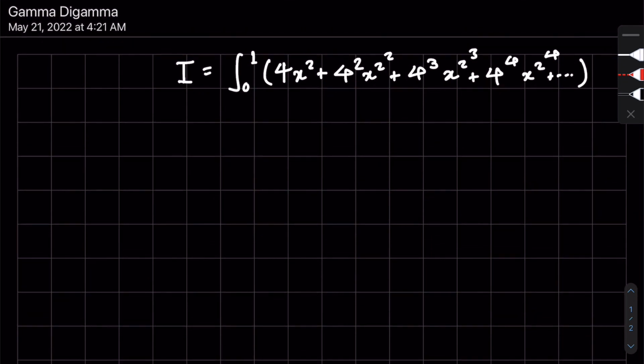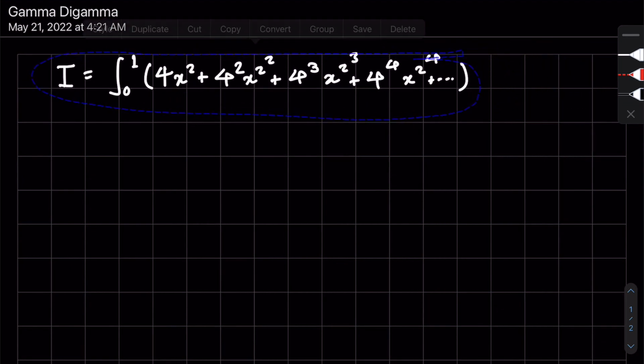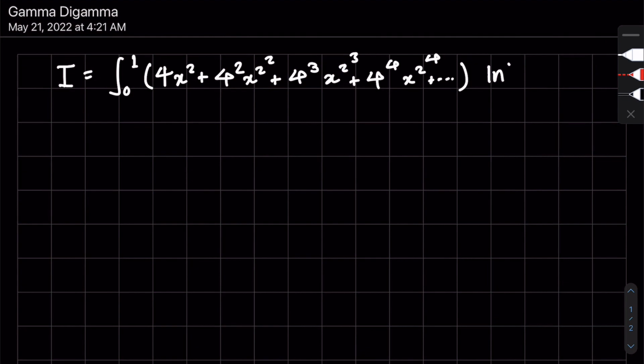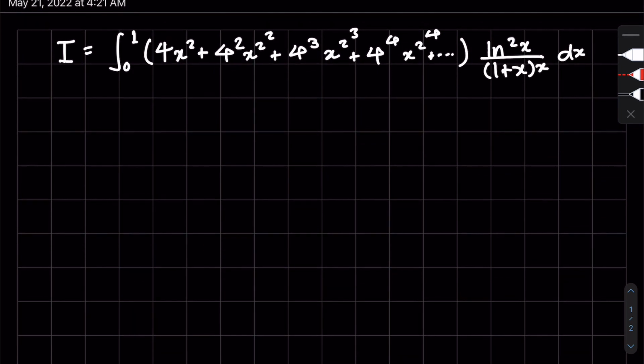And maybe I want to move this to the left a little bit, yep, because there's more. It's not over. There's natural log squared of x divided by 1 plus x times x dx. This is the horrible integral. How in the world are we going to do this?